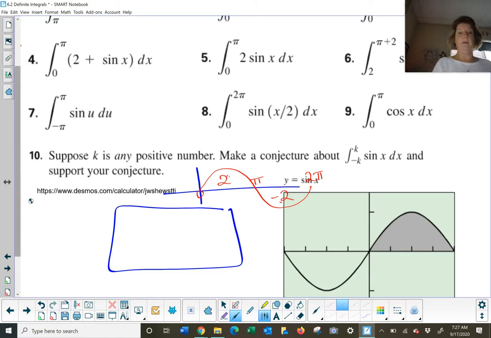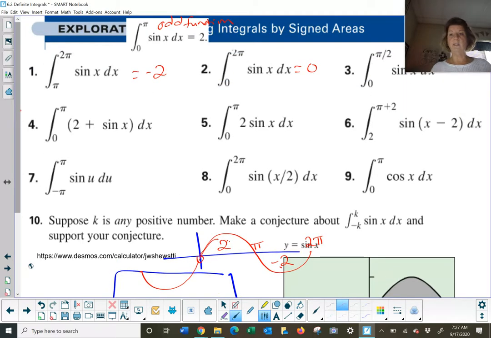All right, here would be the symmetry over the y-axis. Now, 0 to pi over 2 looks like it cuts it exactly in half. So we're just making use of a lot of geometric properties.